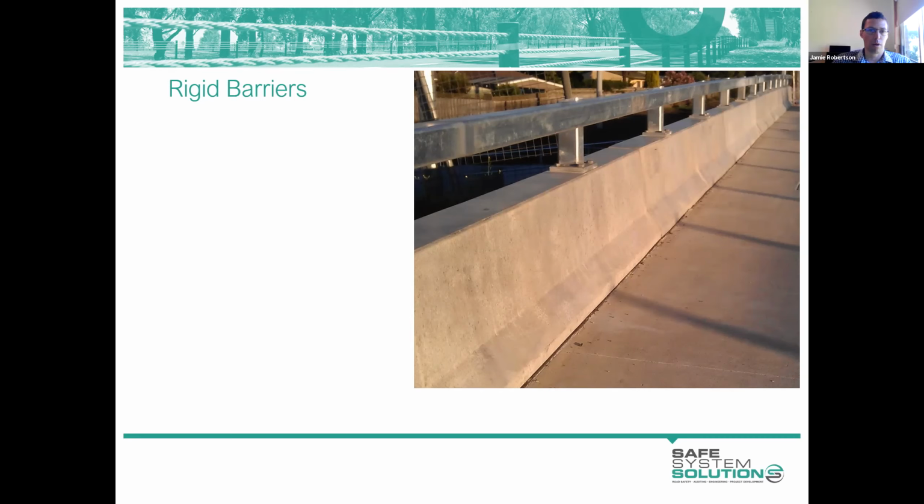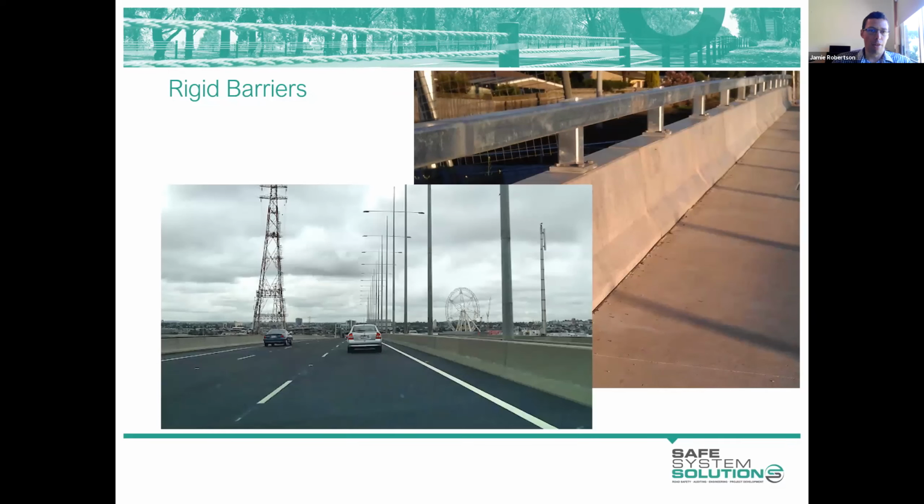So at bridges where there might be a roadway below that we are concerned about, of course, as well as the impact on the occupant of that vehicle as it drops over the edge. There's barriers on either side of a divided urban freeway.